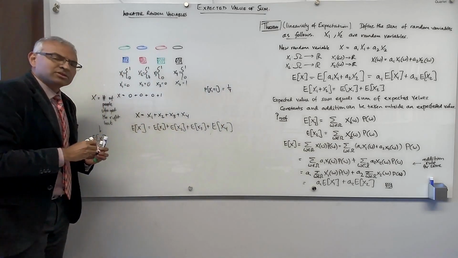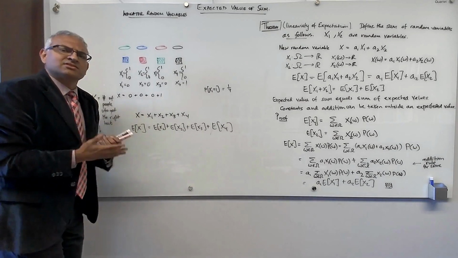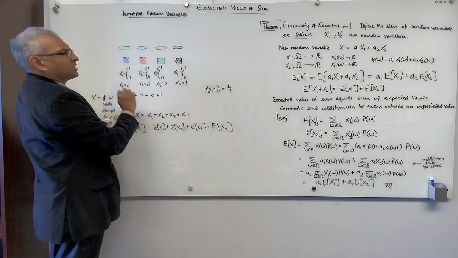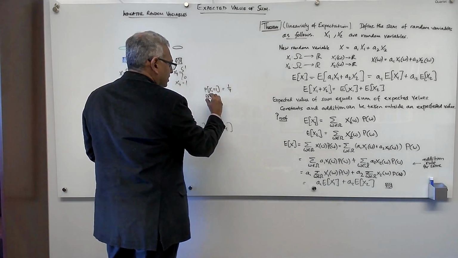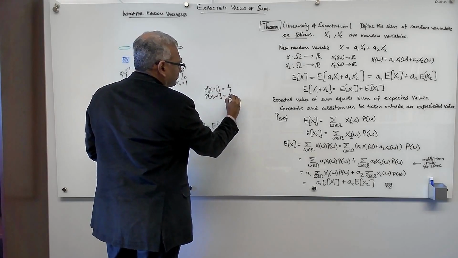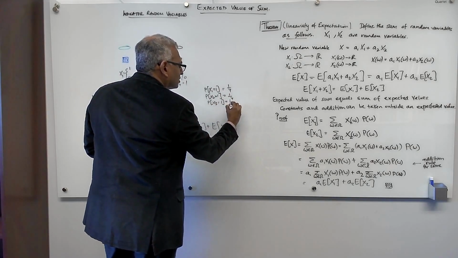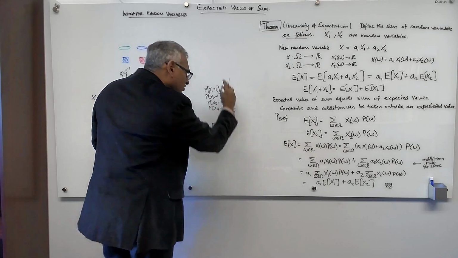But if you think about it, there's no difference between the blue guy and all the other guys. Each of them gets their right hat with chance 1 in 4, because they're going to get one random hat out of 4. So the probability that x2 equals 1 is also 1 in 4. Probability that x3 equals 1 is also 1 in 4. Probability that x4 equals 1 is also 1 in 4. So they're all 1 in 4.